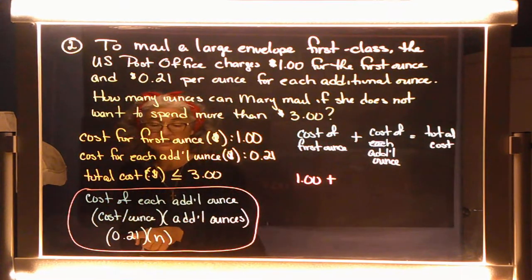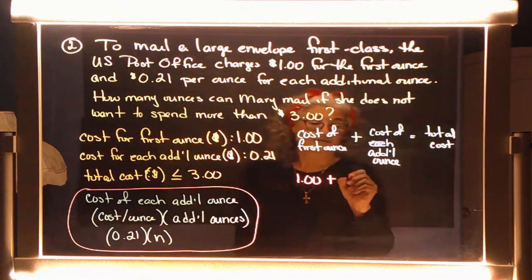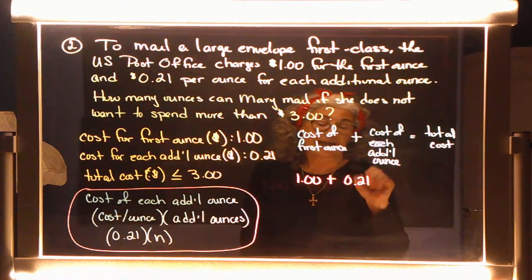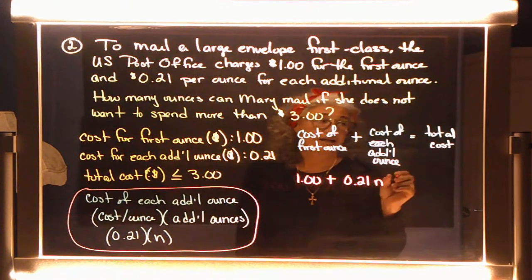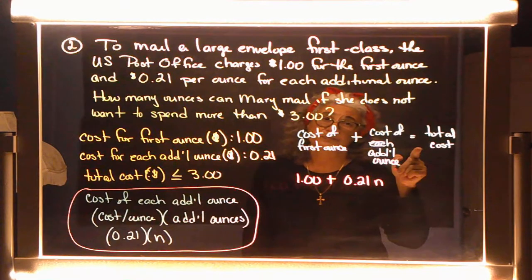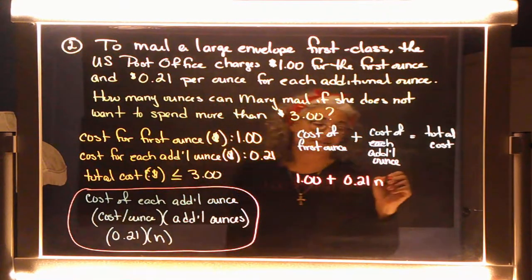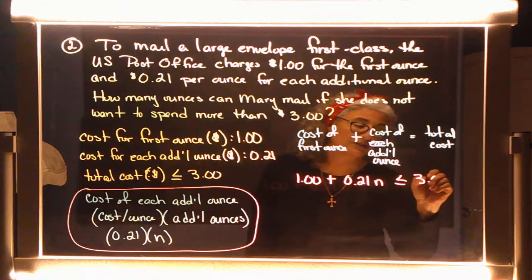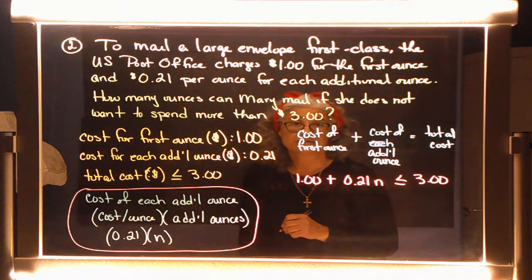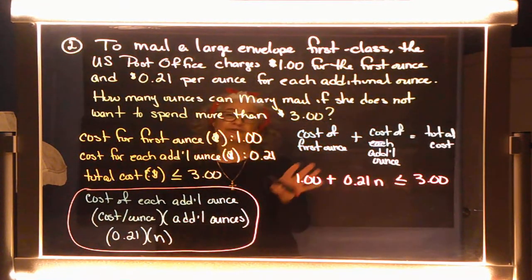The cost of each additional ounce is going to be found by taking the 21 cents and multiplying it by the additional ounces, which is N. Is it going to be equal to the total cost? No, it's going to be less than or equal to that $3. Good? Okay, now that we talked it out in words, now let's figure this out.